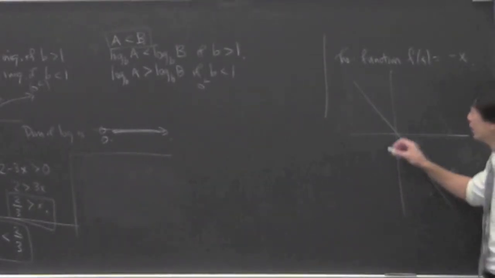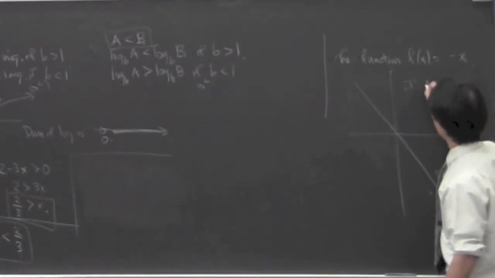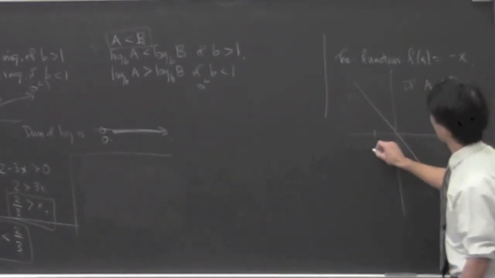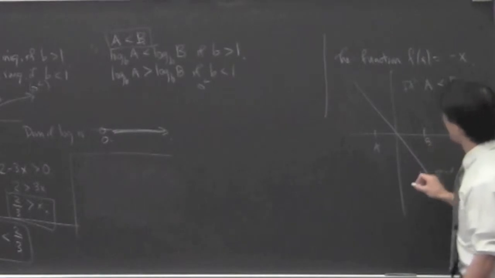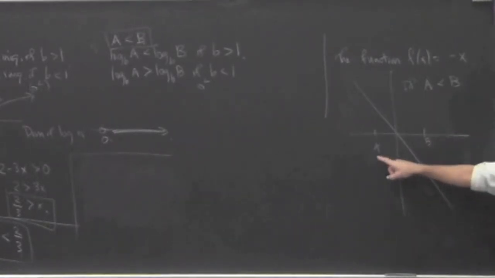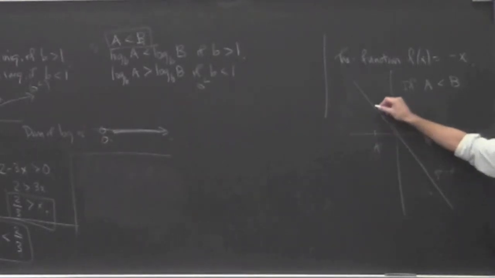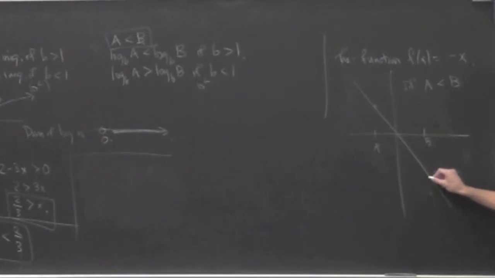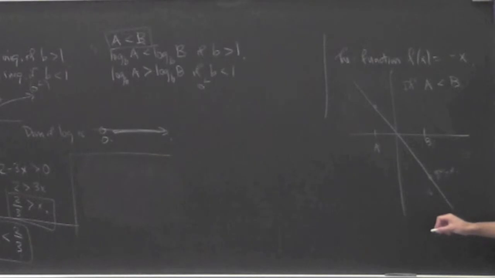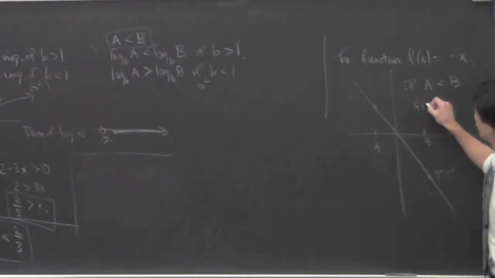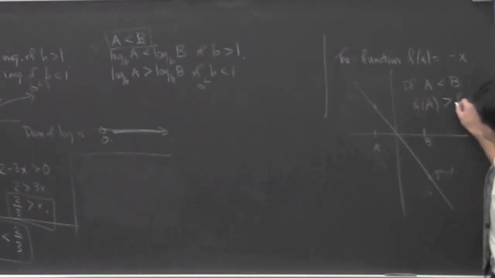And you notice that if a is less than b, what can you say about f of a and f of b? Well, f of a is here, f of b is here. F of a is bigger than f of b.